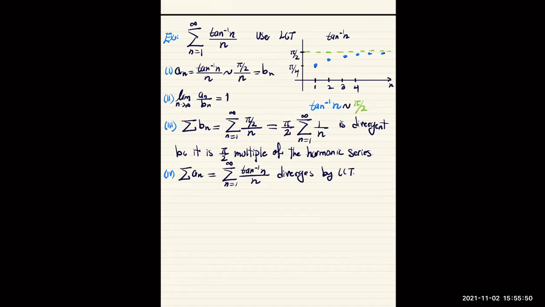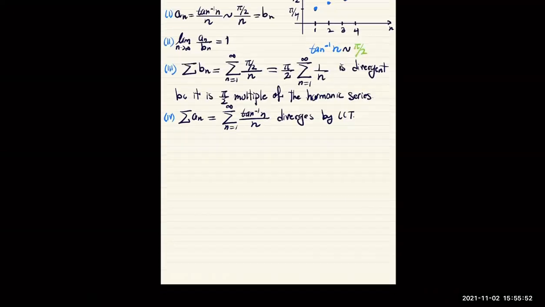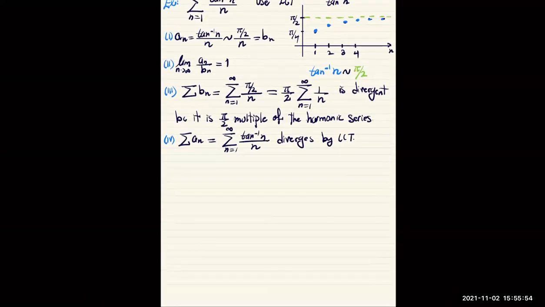For example, if we have the series of tangent, not tangent inverse, just tangent of n over n, as n goes from 1 to infinity. Imagine we have this series. Now we have tangent of n, not tangent inverse.